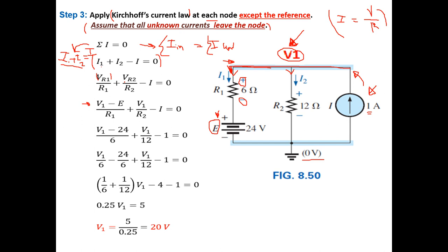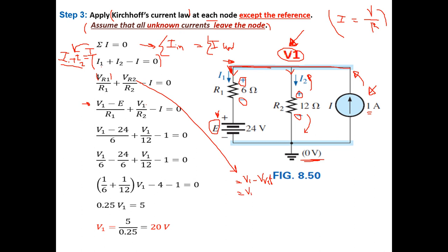And VR2 is the potential difference between its terminals again, positive and negative. So V1 minus 0. So actually VR2 is equal to V1 from this side, minus V reference, which is 0.